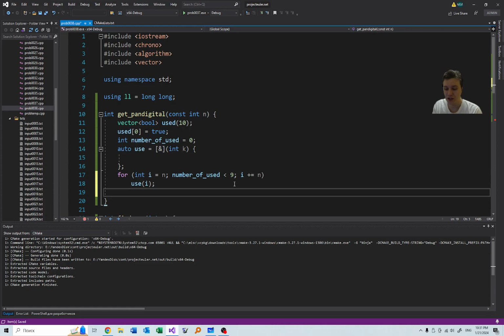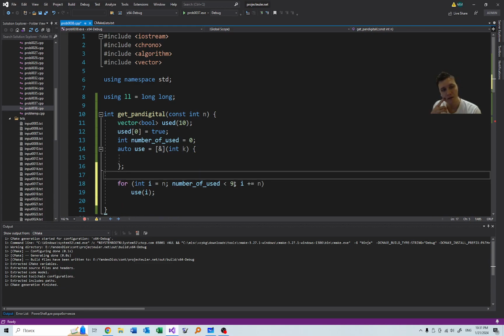Let's also make this function use return the length of this number k.